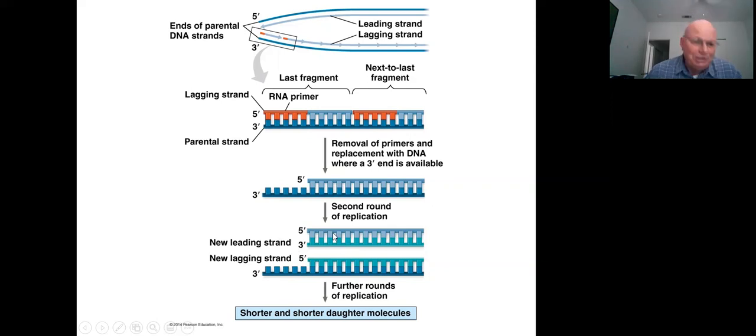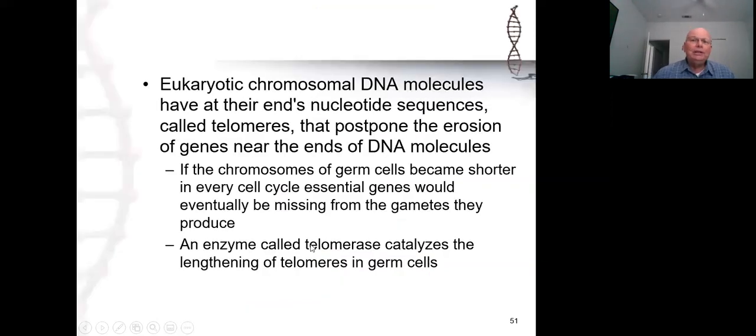Now, there is a system in place to compensate for this. It's called the telomere telomerase system. At each end of the chromosome, there is a repeating sequence of nucleotides called the telomere.